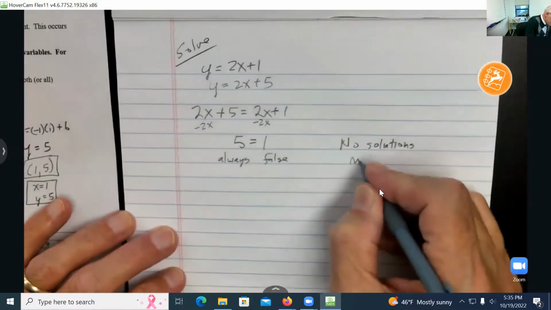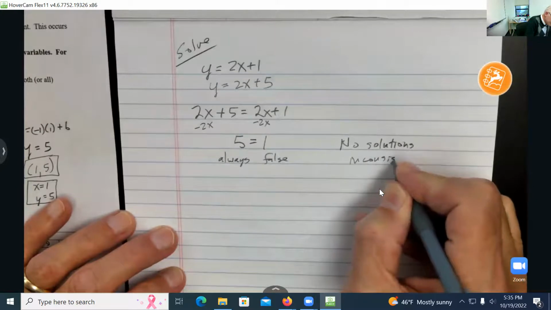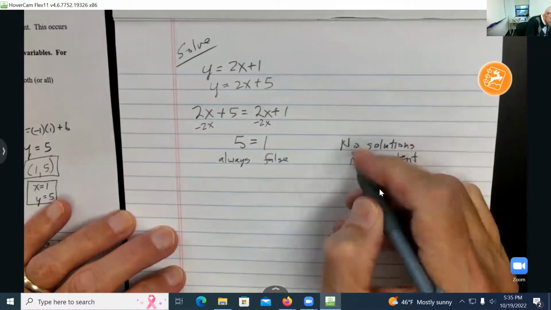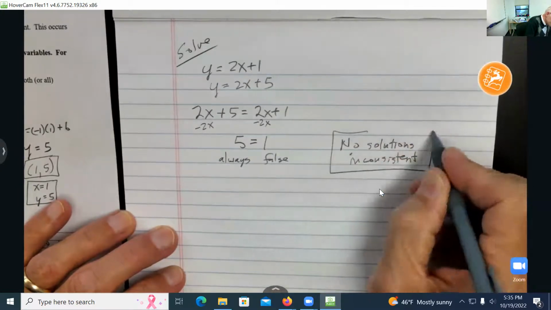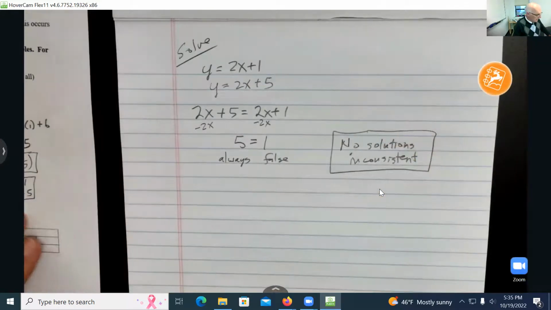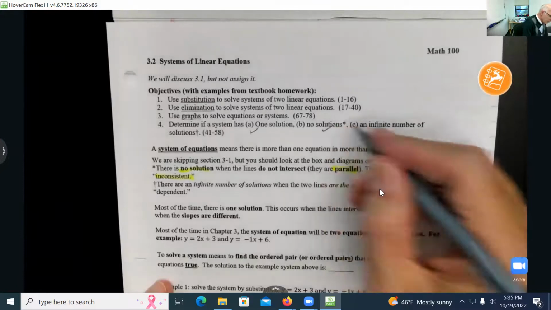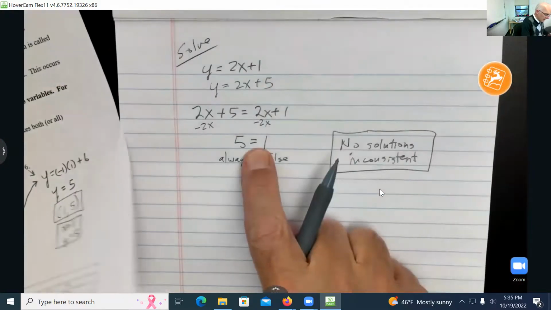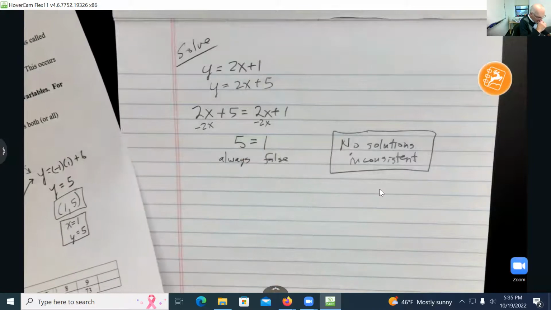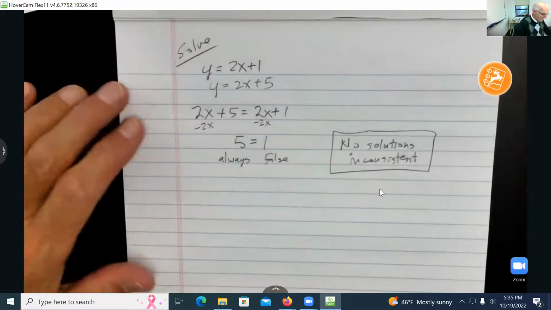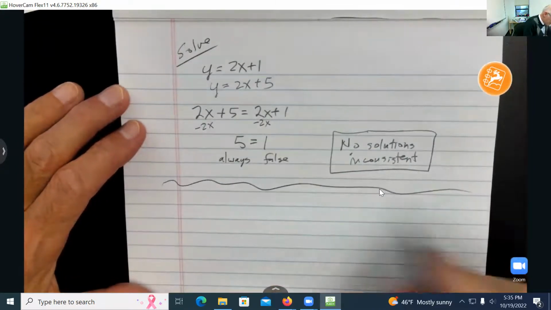This is inconsistent. Okay, so that's a case where there are no solutions because it is blatantly false. Now let's see what might happen to give something blatantly true.